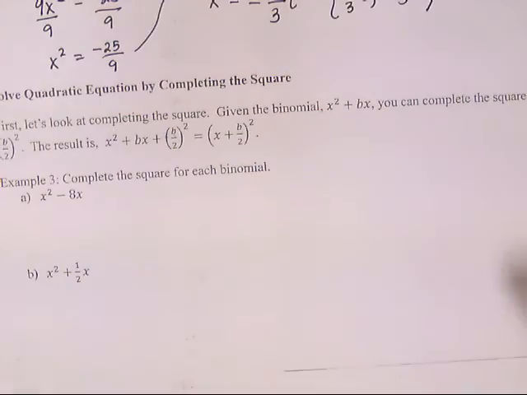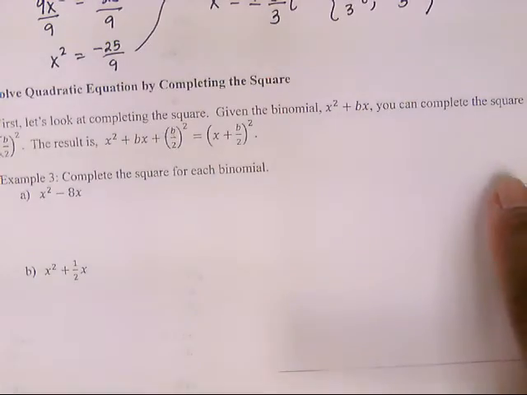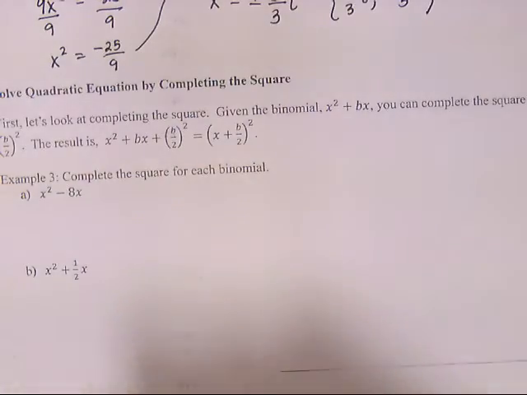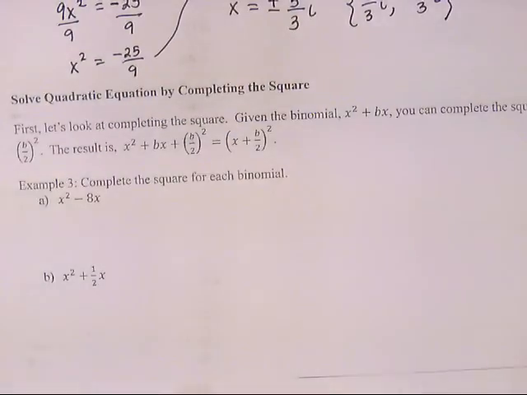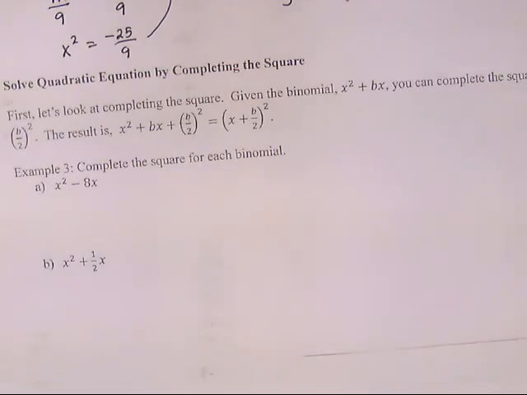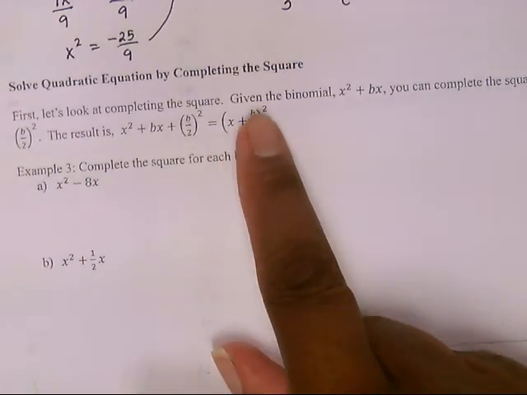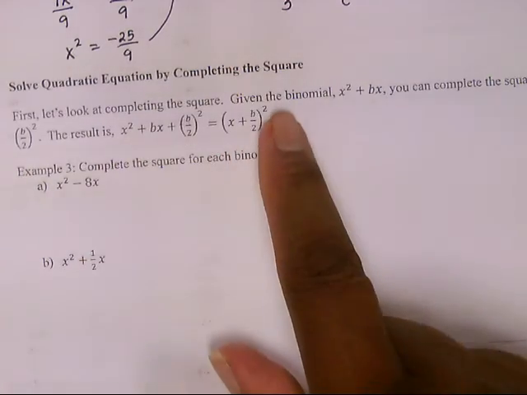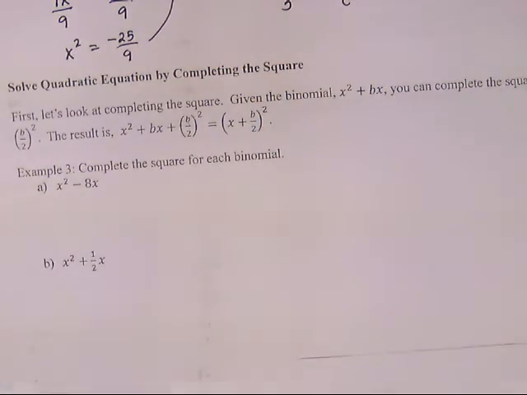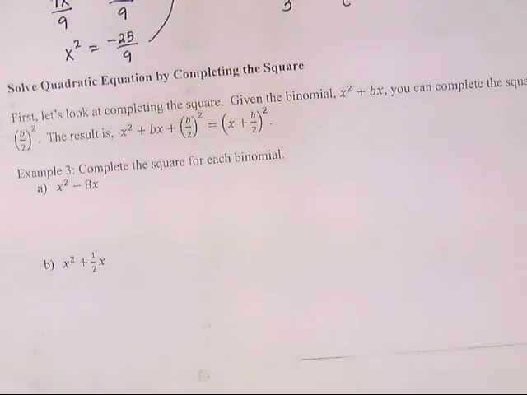In other words, you're going to take 1/2 the coefficient of your x term, and then you're going to square it. And then you'll add that to your binomial. And then you'll factor it like this: x plus 1/2 the coefficient of x, and that quantity will be squared. Here's a couple of examples of just that.